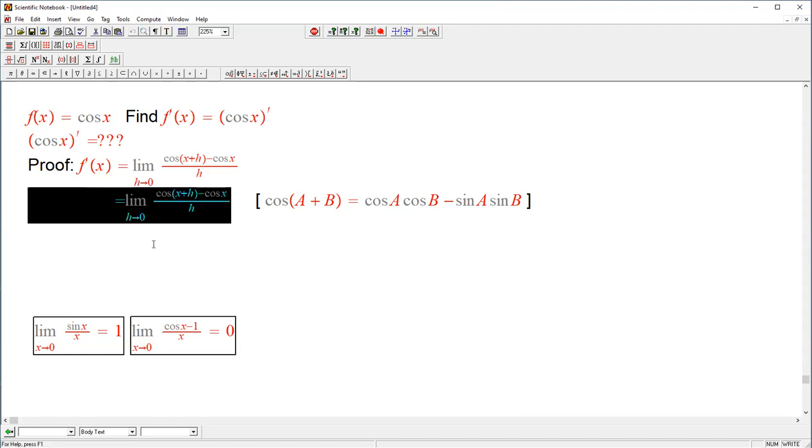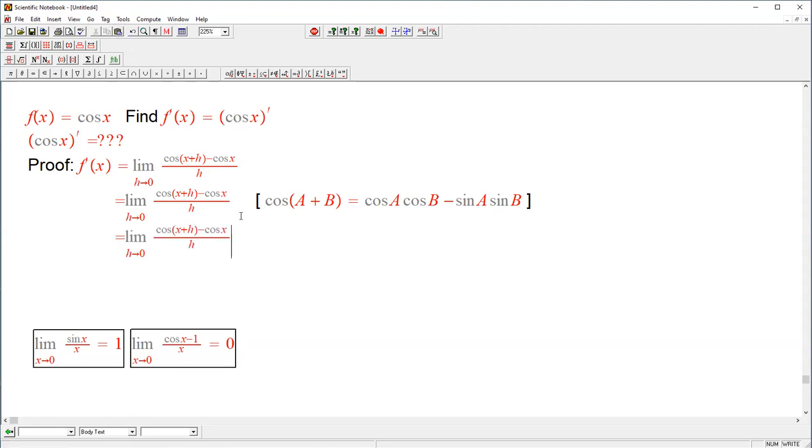You can see how valuable these derivations can be for us to enhance our algebraic skills and review trigonometry. So now we've got cosine x cosine h, subtracting sine x sine h, and minus cosine x.